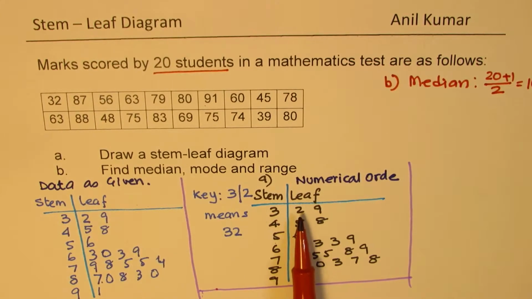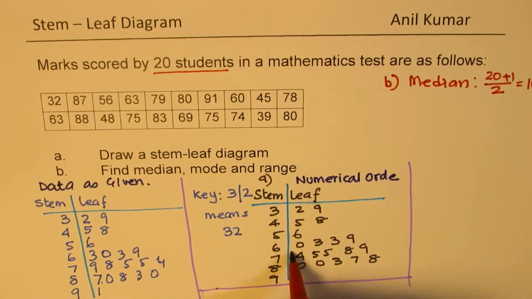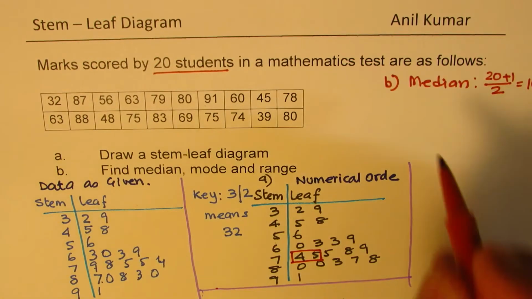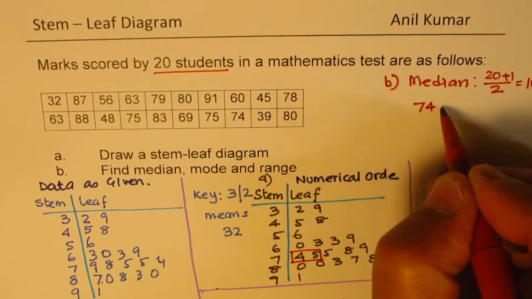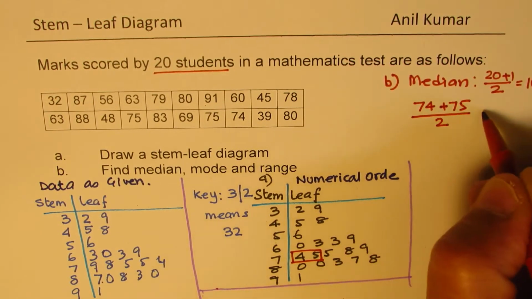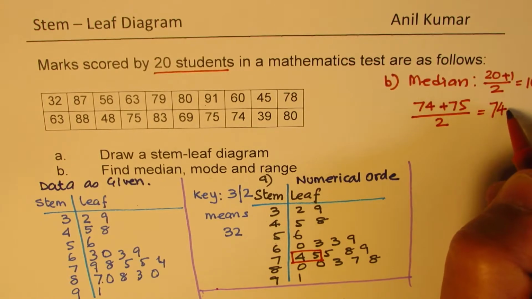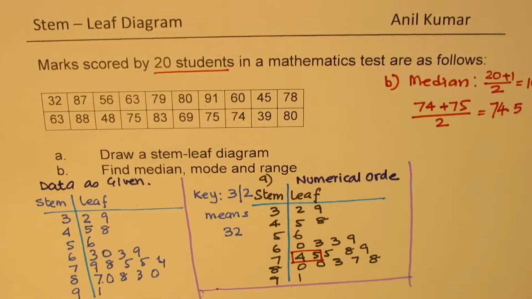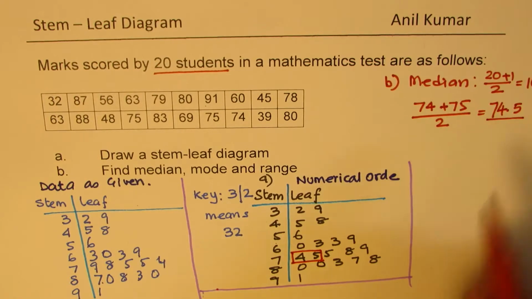Let's count: 1, 2, 3, 4, 5, 6, 7, 8, 9, 10. The median is between 74 and 75, so 74 plus 75 divided by 2 gives us 74.5 as our answer.